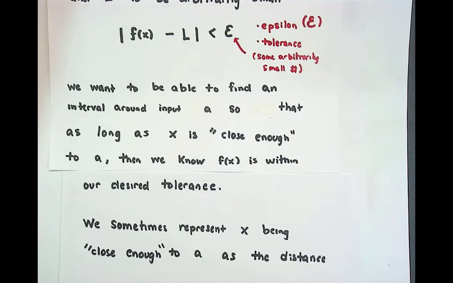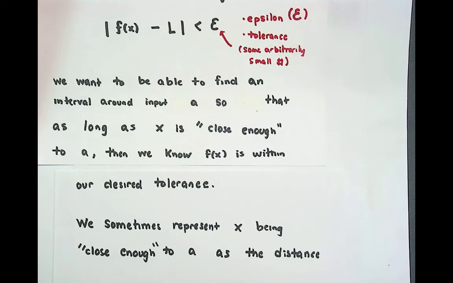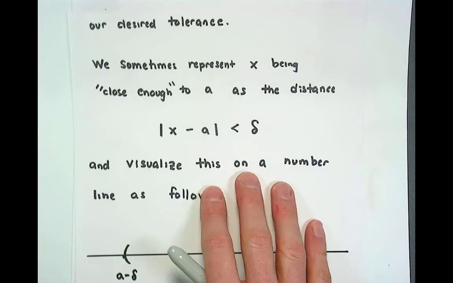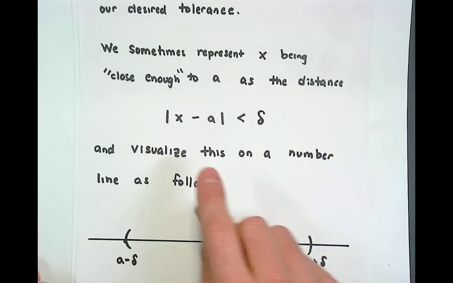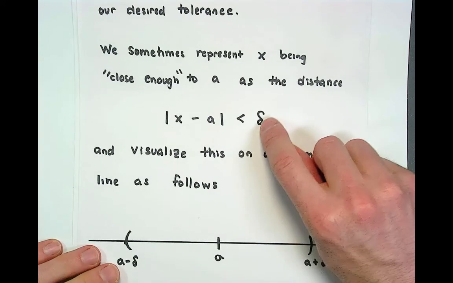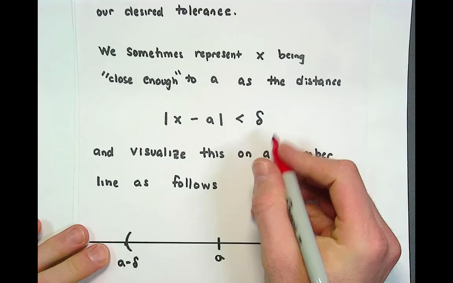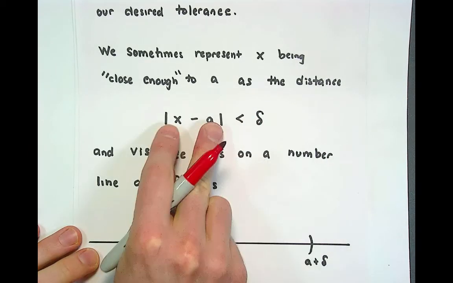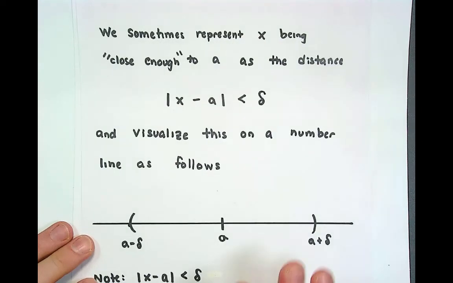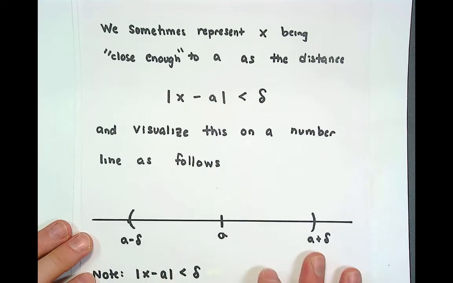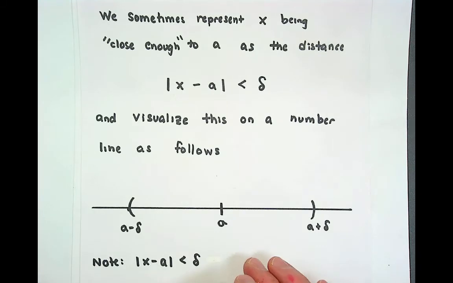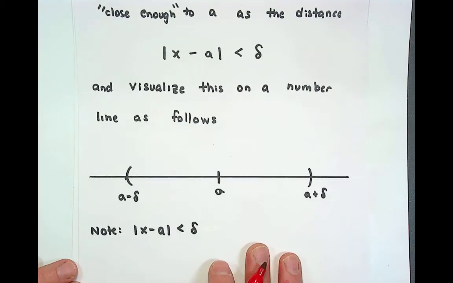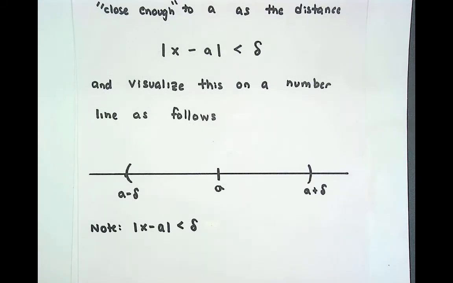So what we often say is that for each epsilon there is some delta such that as long as x and a are no farther than delta apart, then f of x and L are no farther than epsilon apart. You don't have to worry about the formalities here. Just remember the whole concept is that input values drive output values.